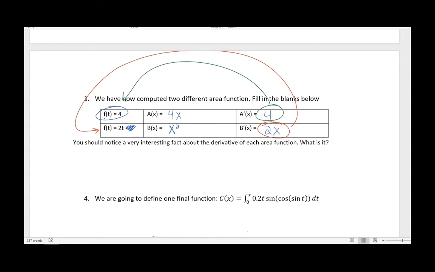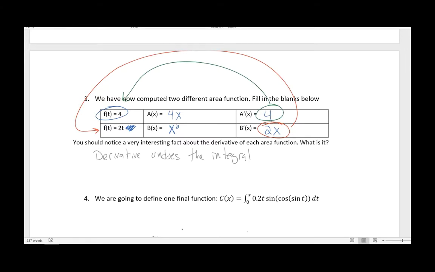So let's say here the derivative undoes the integral. And this is what the fundamental theorem of calculus really tells me in words: the derivative undoes the integral. So, in an algebra class, when two things undid each other, we called those inverses.